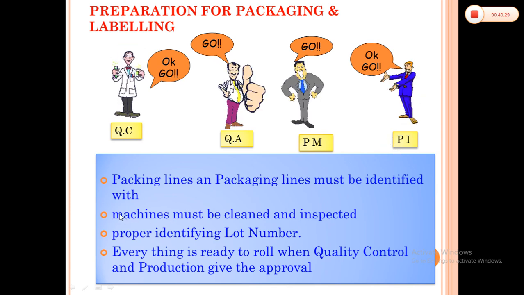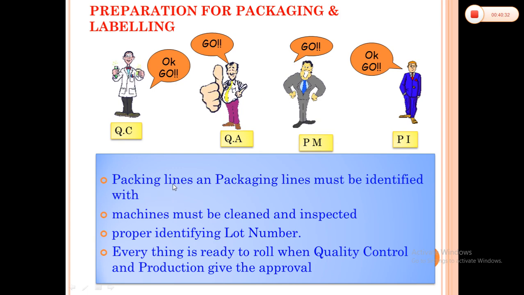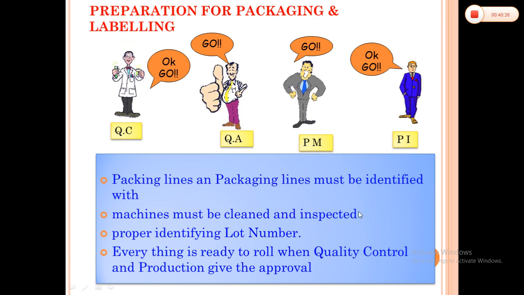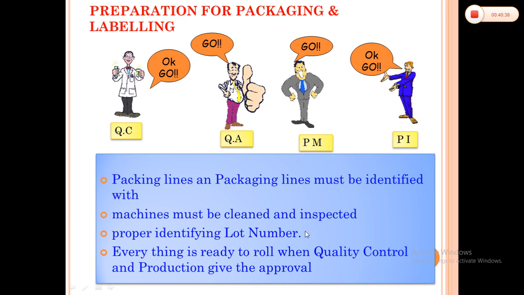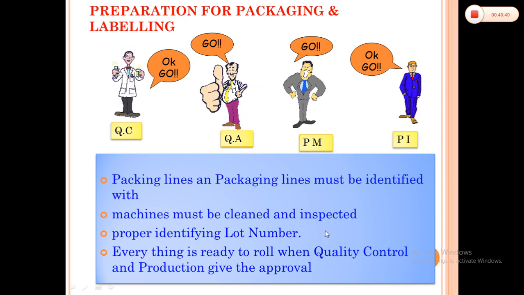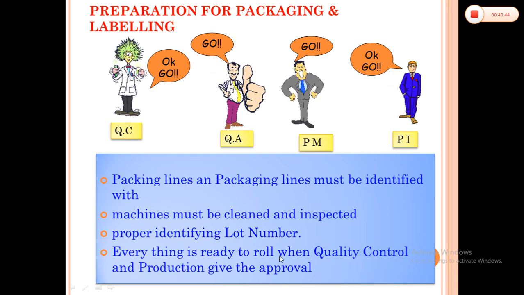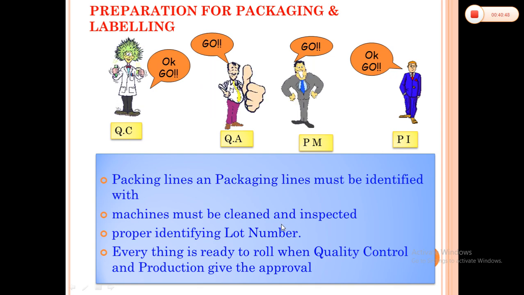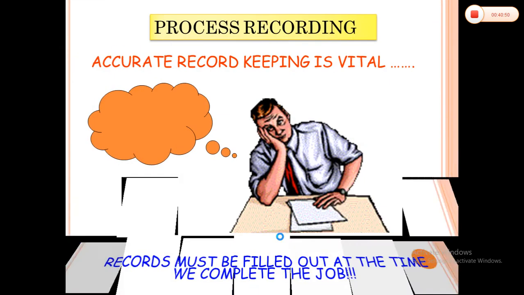So here, packaging lines must be identified, the machine must be clean and inspected, lot number and batch number properly identified, and whatever labeling requirements are there must be analyzed properly. Everything is ready to roll when quality control and production are active. Then we can proceed for the packaging and the labeling.